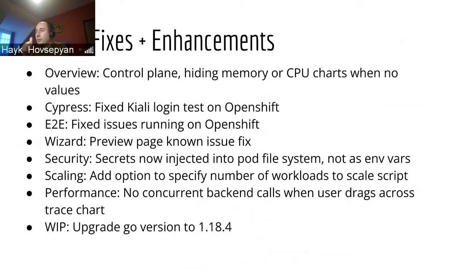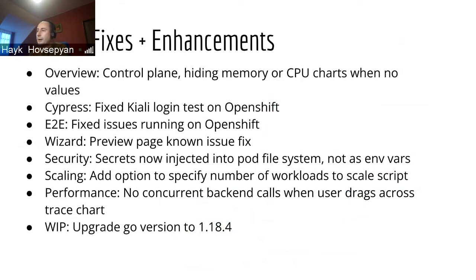One important security fix is that the secrets are now injected into the pod file system, not as environment variables. And one internal thing is that in the scaling script, an option has been added to specify the number of workloads to scale to.